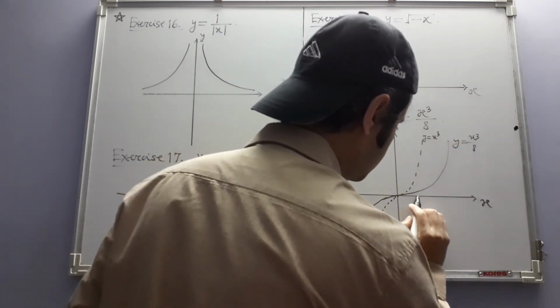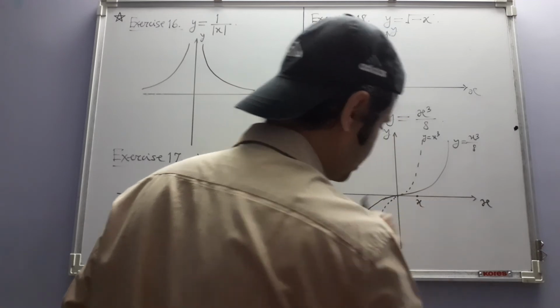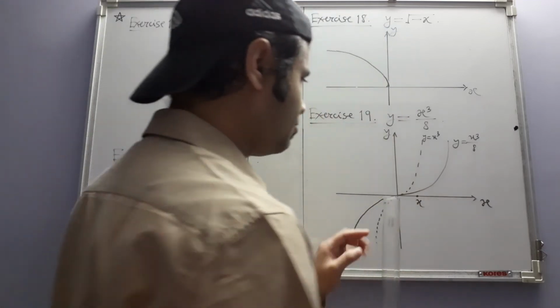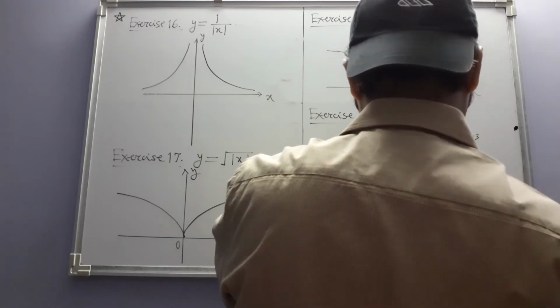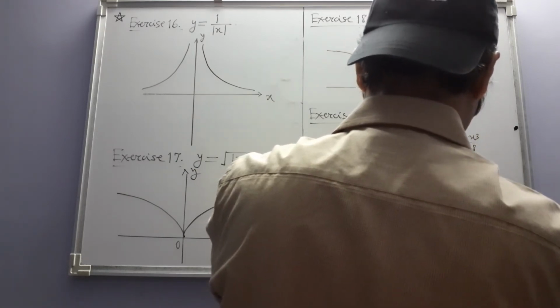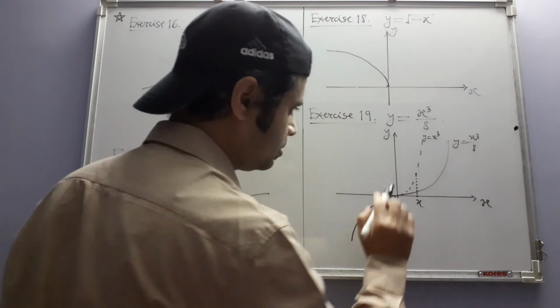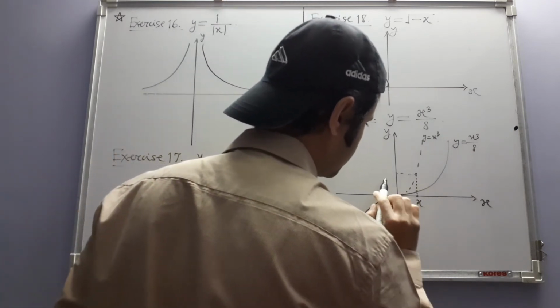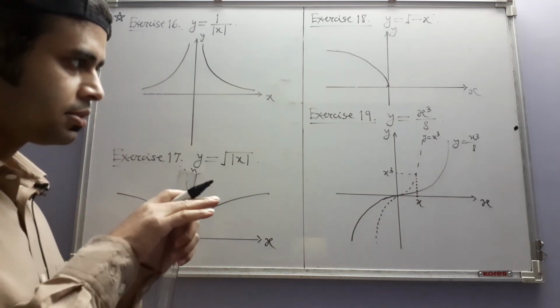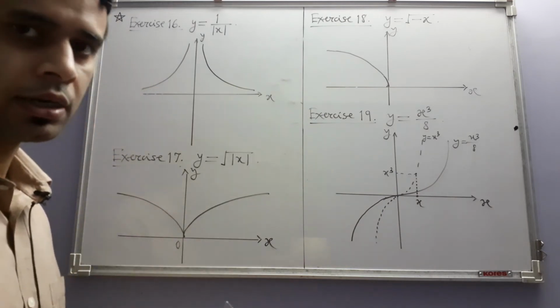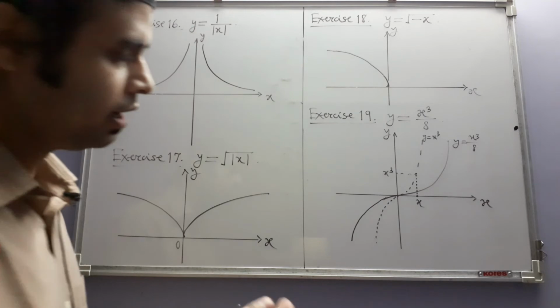If you choose some particular value of x, previously this much was x cube, but now it is being brought down by division by 8.